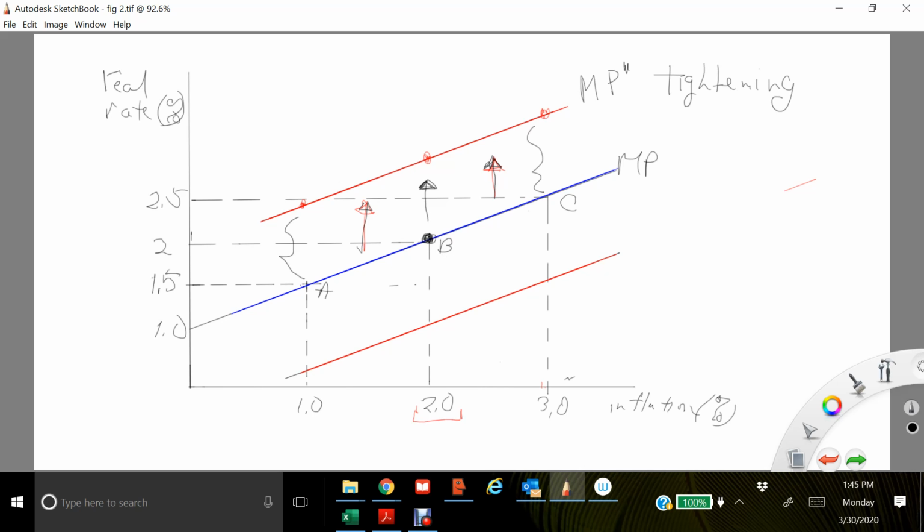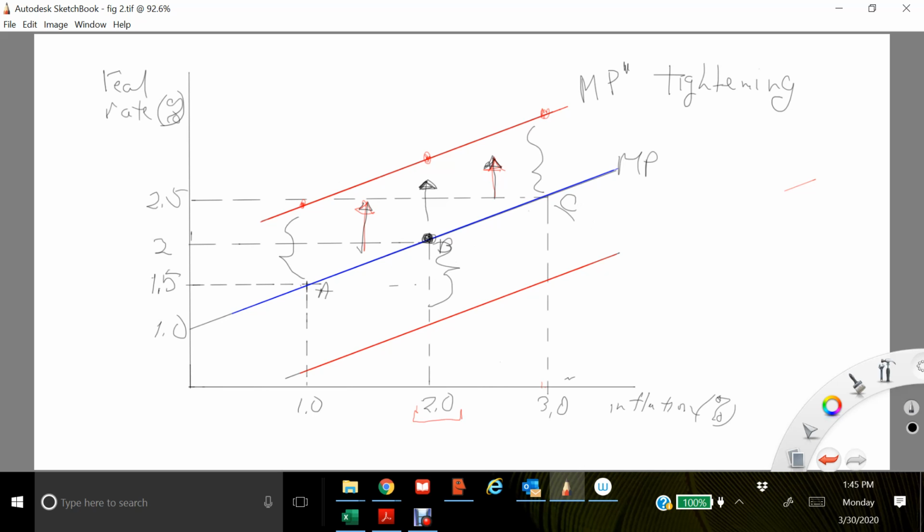It does that by increasing the money supply, which lowers interest rates, and at any particular inflation rate that has the effect of lowering real rates.